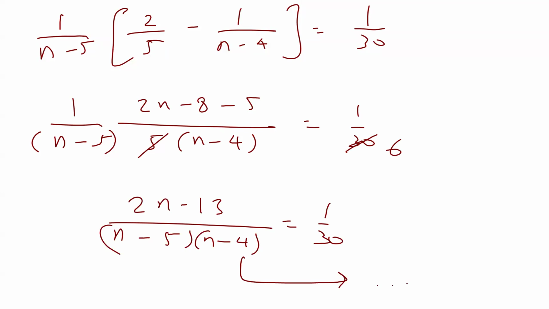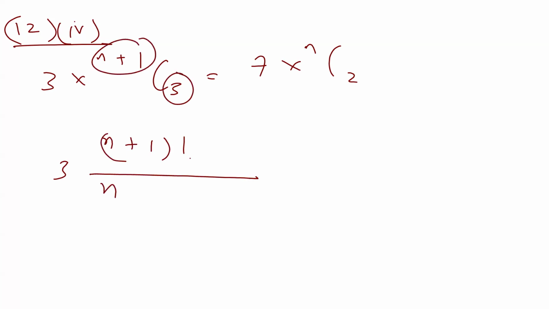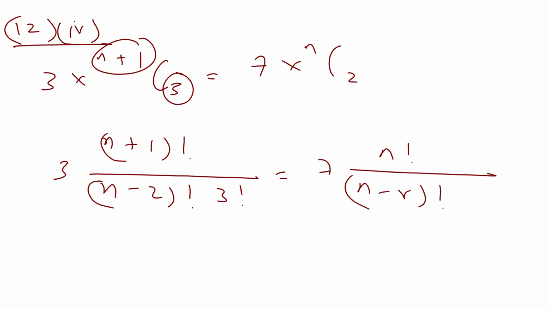Let's go to question number 12, sub question 4. 3 into (n plus 1)C3 equals 7 into nC2. This is the given condition. So 3 into (n plus 1) factorial upon (n plus 1 minus 3) factorial, 3 factorial. I'm using the nCr formula. n plus 1 minus 3 is n minus 2, so (n minus 2) factorial into 2 factorial.